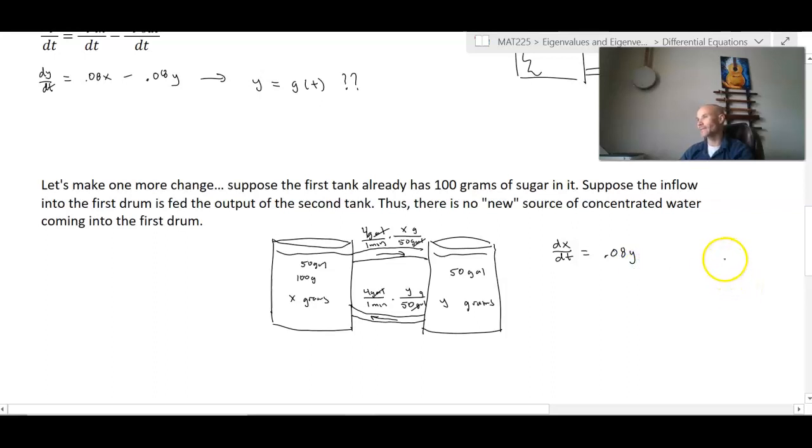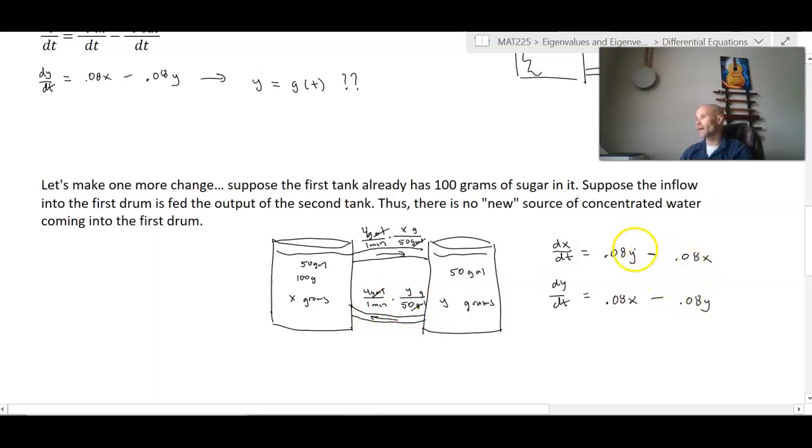That's what's coming in. Now, minus what's going out is the 4/50ths of x, 0.08x, and similarly for the rate at which salt is changing in the second tank per unit of time, well, it's what's coming in, which is the 0.08x, minus what's going out, which is the 0.08y.